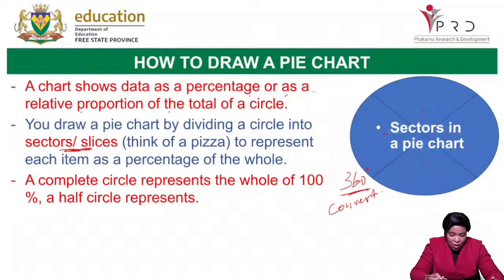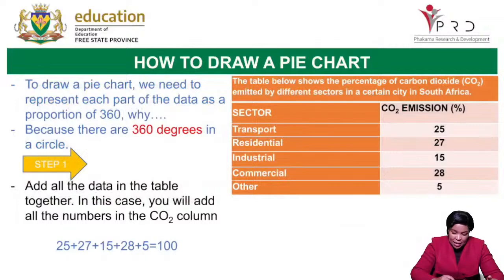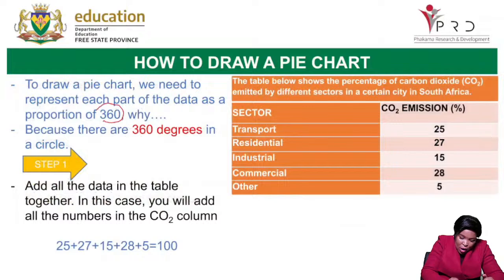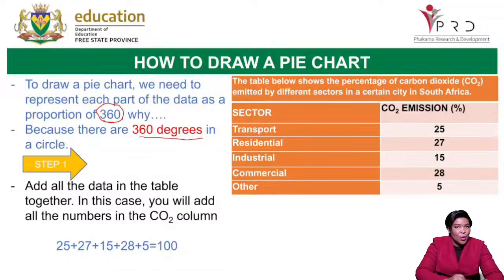Let us take a look at those steps. What you need to do when you're drawing a pie chart. To draw a pie chart, we need to represent each part of the data as a proportion of 360. Why? Because a circle is 360 degrees. So everything must be converted to 360.